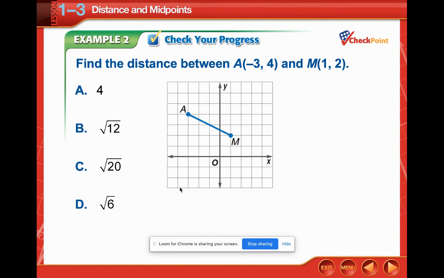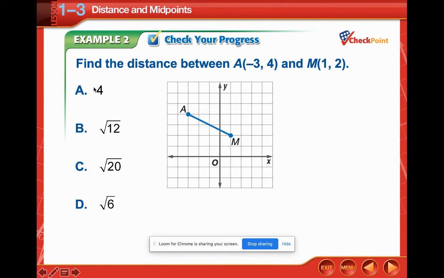First thing you want to do, hopefully you got this correct: there's a few things you can look at right here, and you can know that this is going to be at least 4, but it's going to be larger than 4, as you can see, it goes across.